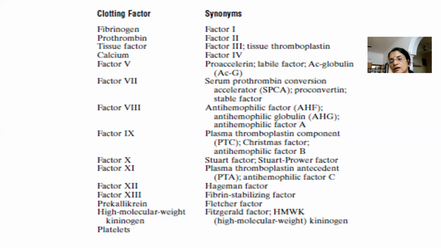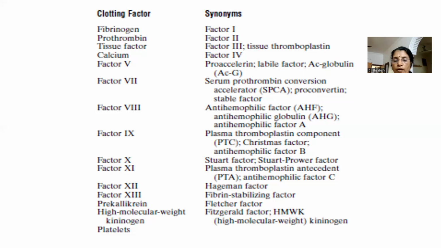There are a large number of coagulants or clotting factors, and here we can mention some of them. Factor 1 fibrinogen, factor 2 prothrombin, factor 3 tissue thromboplastin, factor 4 calcium, factor 5 proaccelerin, factor 6, there is no factor 6, and factor 7 proconvertin, also known as prothrombin conversion accelerator.